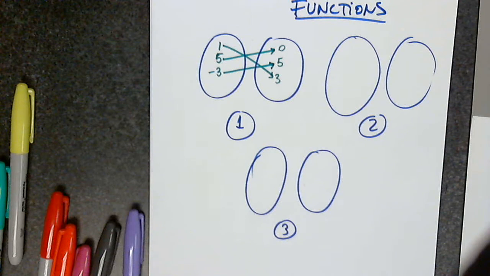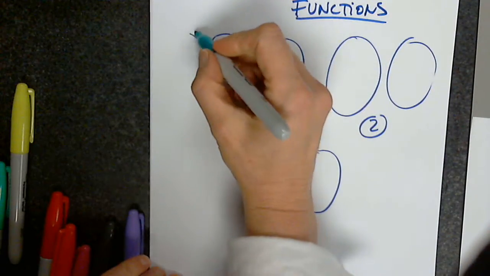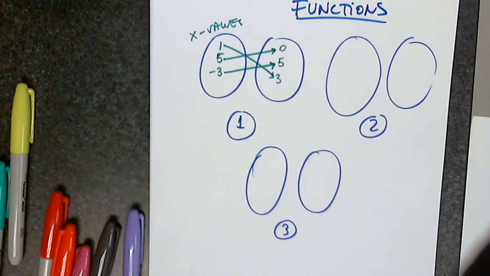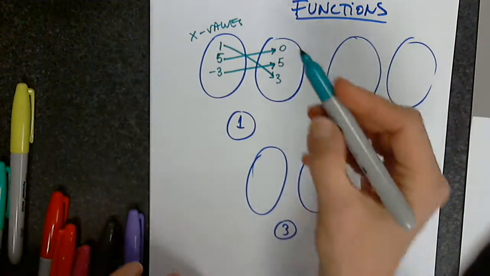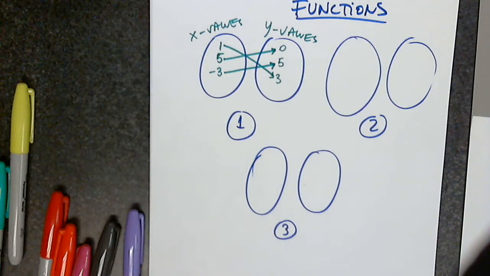Does this represent a function? Yes, because for each x value, of course, the first bubble has the x values, the input, and the second bubble will always have the y values. As long as I show that for each value of x, there is only one corresponding y value, I'm fine.